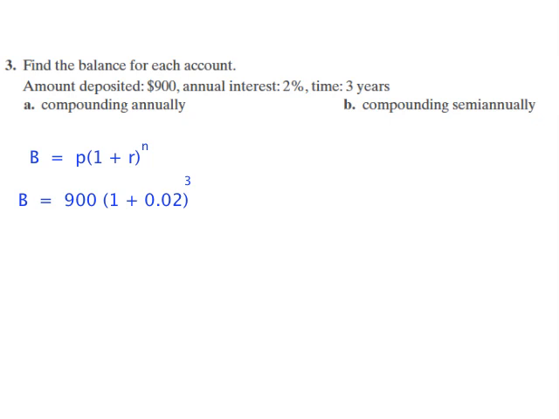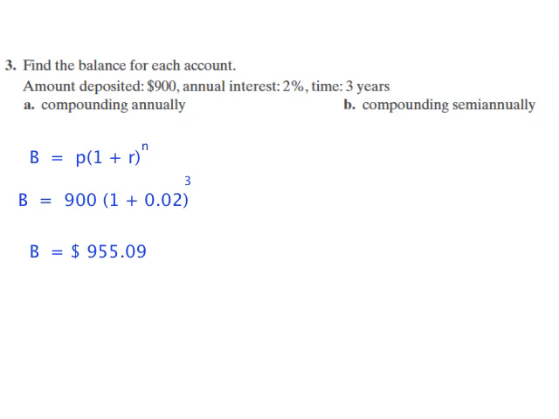Our exponent is going to be 3 because it's compounded annually, which means just once a year. So when we take 1 plus 0.02 to the third power, multiply it by 900, you should have done it on your calculator and gotten $955.09. Remember, we round to the nearest cent at the very end. Wait until the end to round.